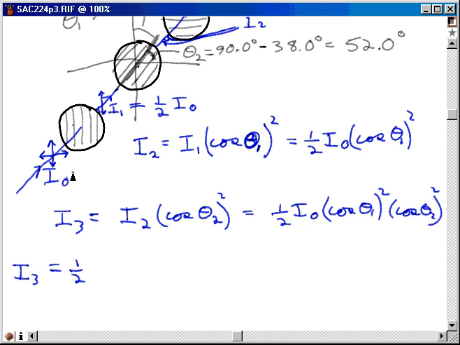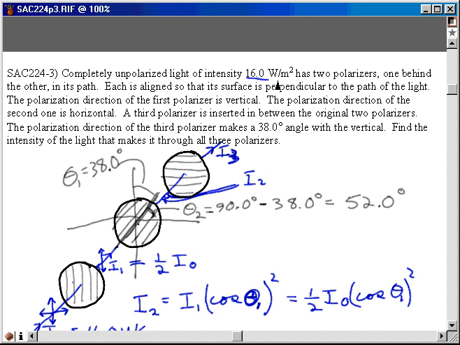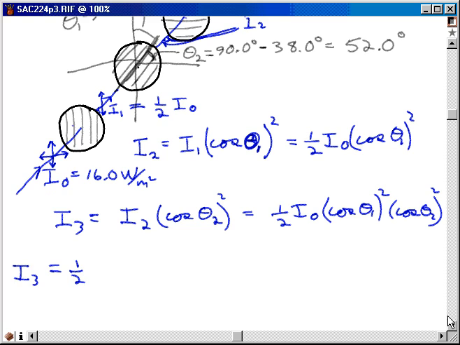I give the original intensity I0 as 16.0 watts per meter squared. So power per area. Let's make sure I got that right. 16 watts per meter squared was the original intensity. So I'm plugging into this expression: 16.0 watts per meter squared, and then cosine of theta 1.